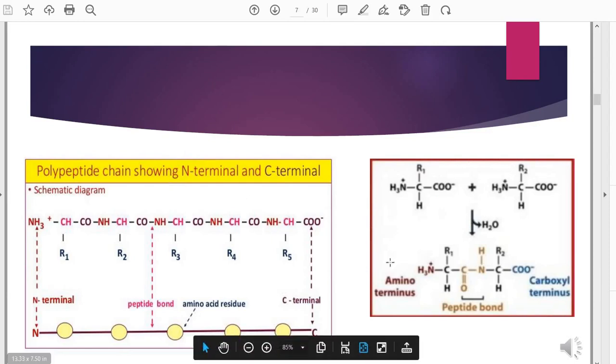Let's look at the figure. It will explain the primary structure better. This is the peptide bond. This is the first amino acid, the second amino acid.